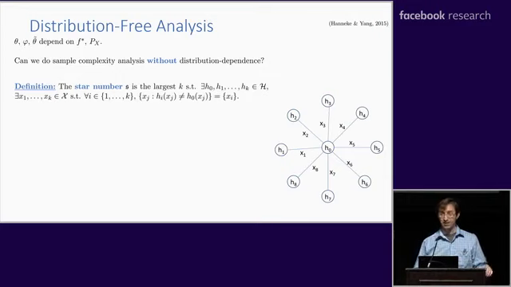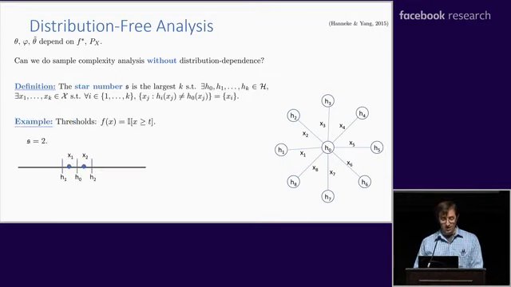So that's the star number. It's never smaller than the VC dimension, but it can be arbitrarily larger.